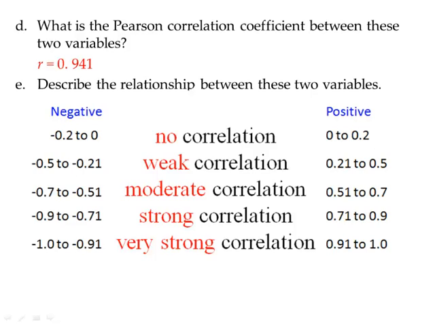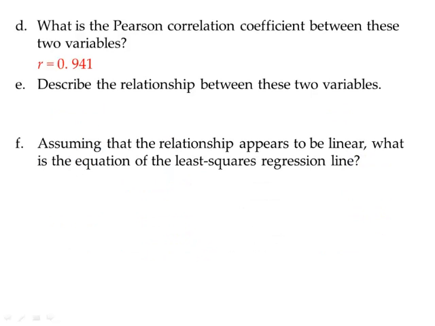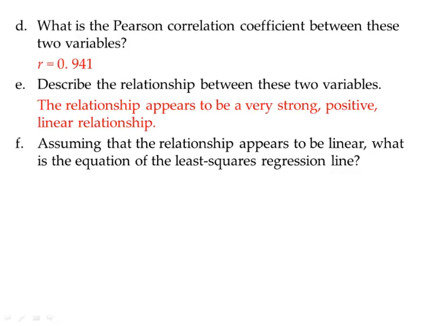So to describe the relationship between these two variables, we would say the relationship appears to be a very strong, positive, and linear relationship. It is very important you talk about its strength, its direction, and state that it's linear, because that's what R measures.